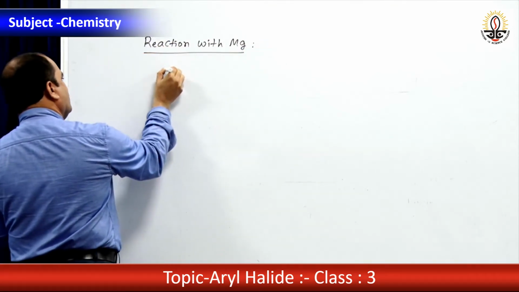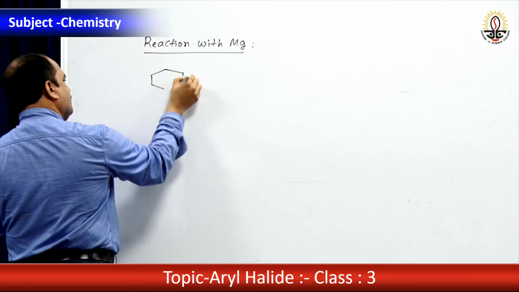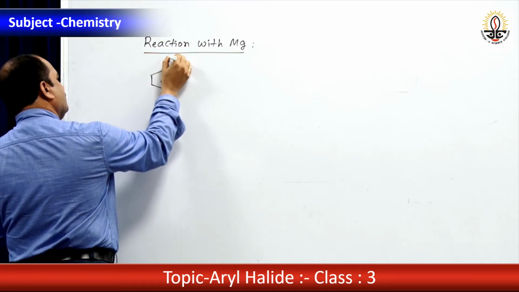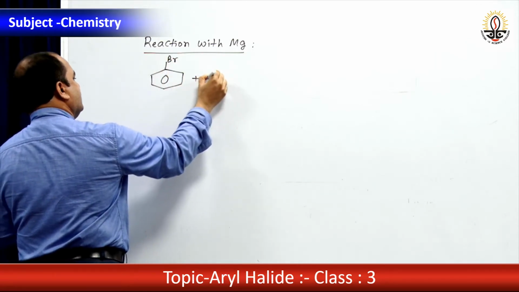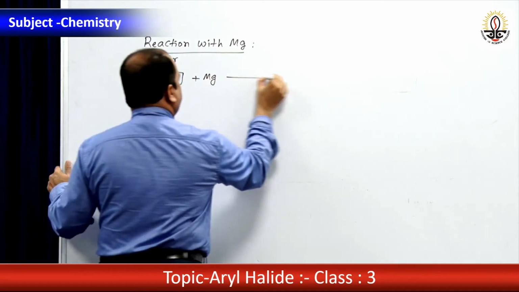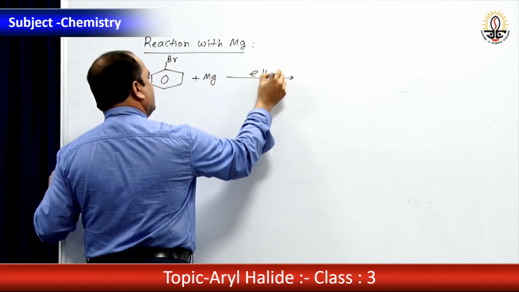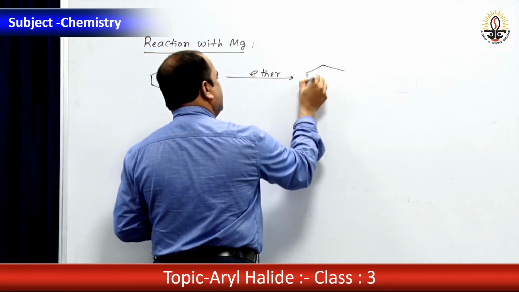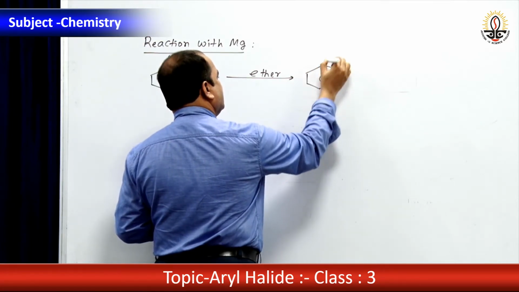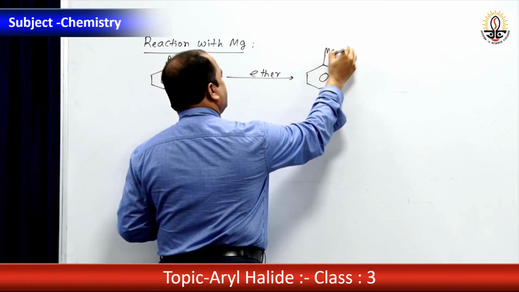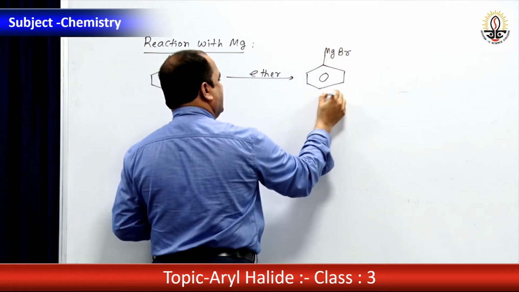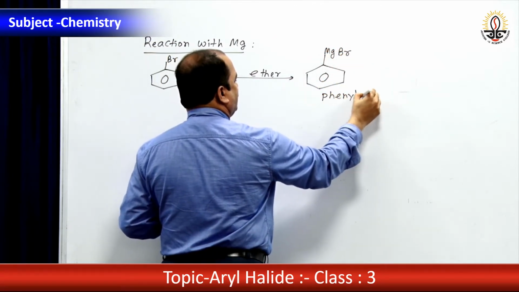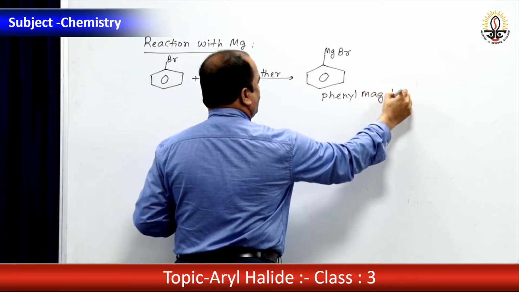If I take bromobenzene plus magnesium in presence of ether, it gives phenyl magnesium bromide, a Grignard reagent, C6H5MgBr.